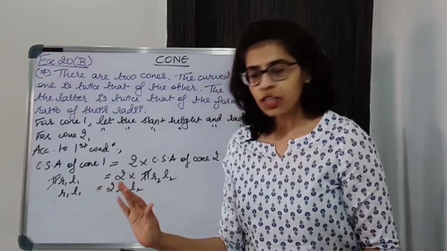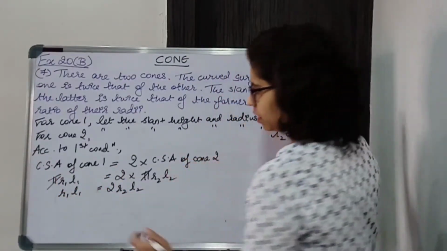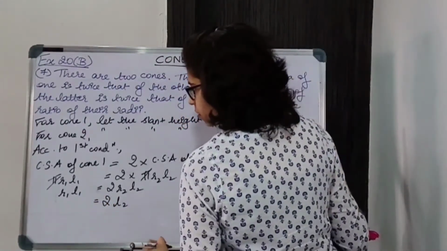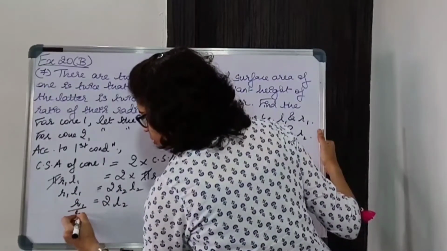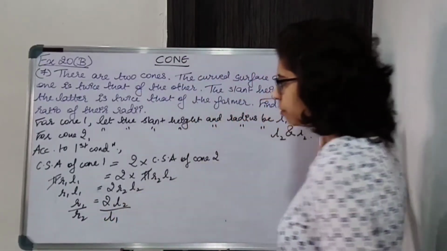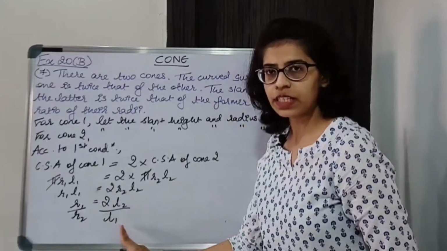So what we'll do? We'll shift R1 and R2 on one side and rest of the things on the other side. So 2L2 यहीं पे रहेगा. ओके, R2 को यहाँ पे शिफ्ट करेंगे. So R1 upon R2 and this L1 will get shifted over here. ठीक है. So R1 upon R2 is twice L2 upon L1.